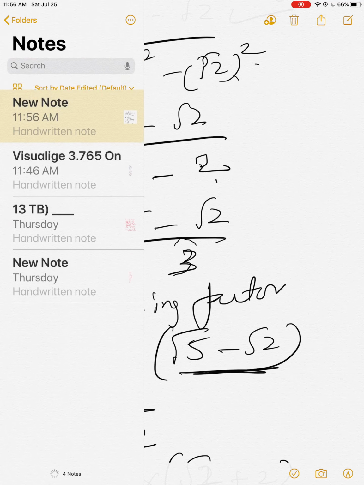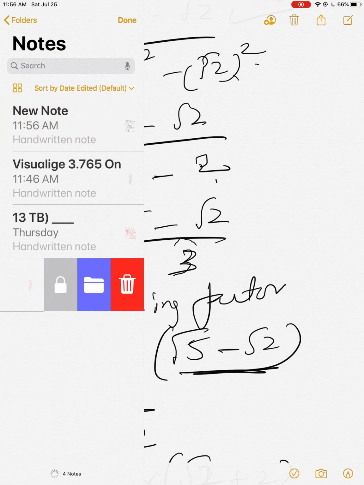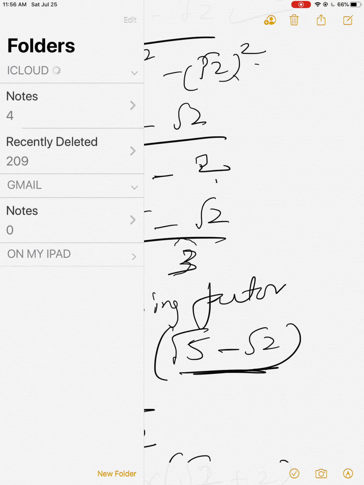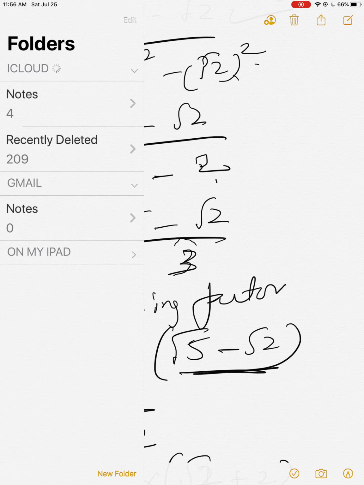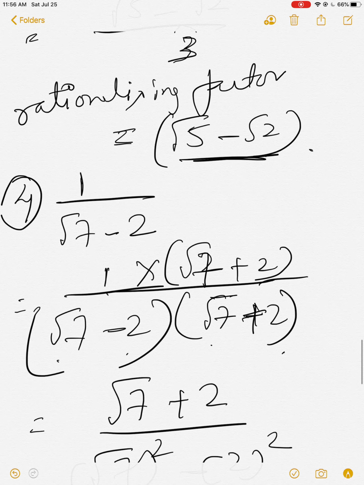So √5 minus √2 is your rationalizing factor.